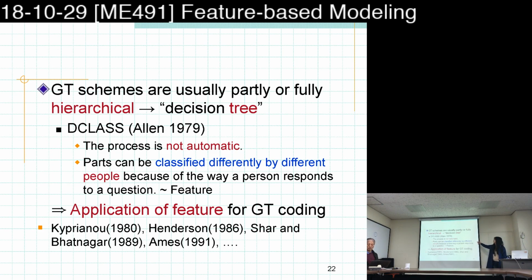The process is not automatic, so it includes human intervention. So parts can be classified differently by different people because of the way the person responds to a question. This is the problem. To solve it, many people have developed codes such as those by Hyde, Henderson, and so on, because the GT code is useful for design and manufacturing.